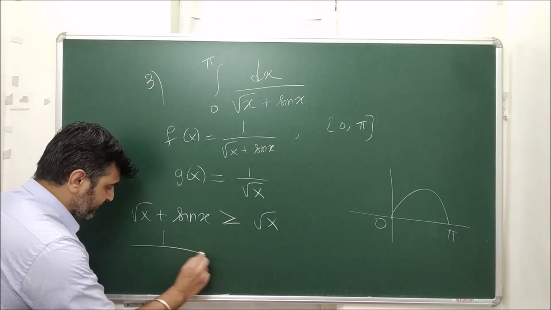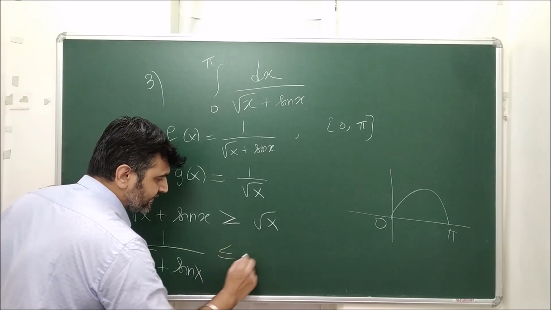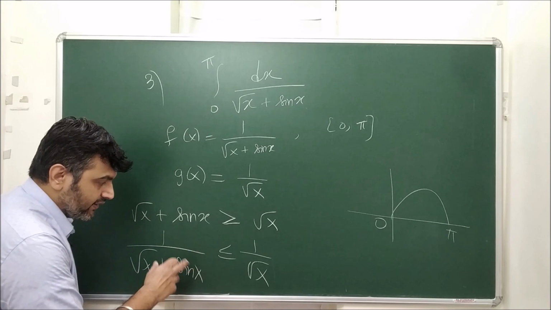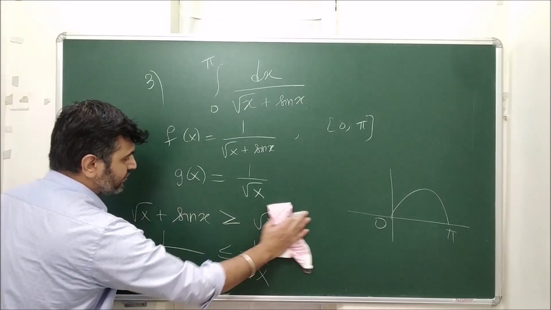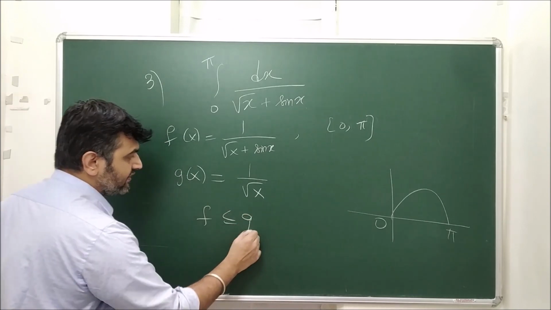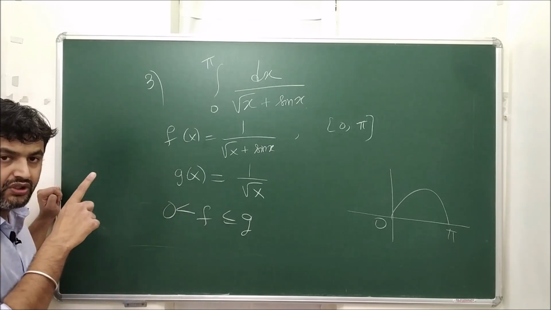And now when I take the reciprocal, I have 1 upon root of x plus sin x is less equal 1 upon root x. When you take the reciprocal, the inequality changes. So what do I have? f is less equal g. Okay, good. Both are positive functions. Yes, they are positive functions. You can ignore the problematic point.